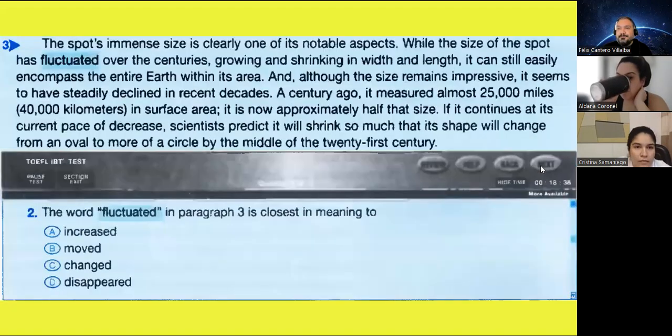Let's do one more. So the word fluctuated in paragraph 3 is closest in meaning to.